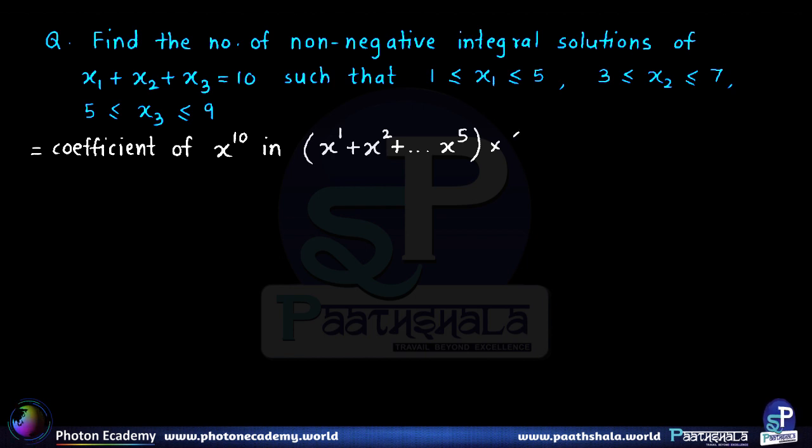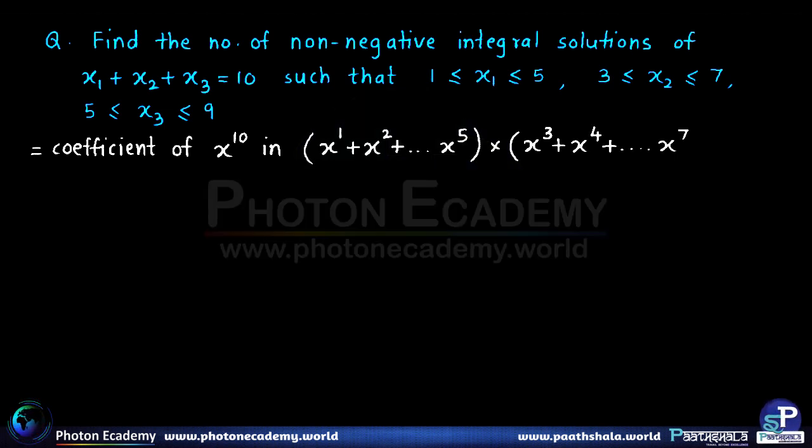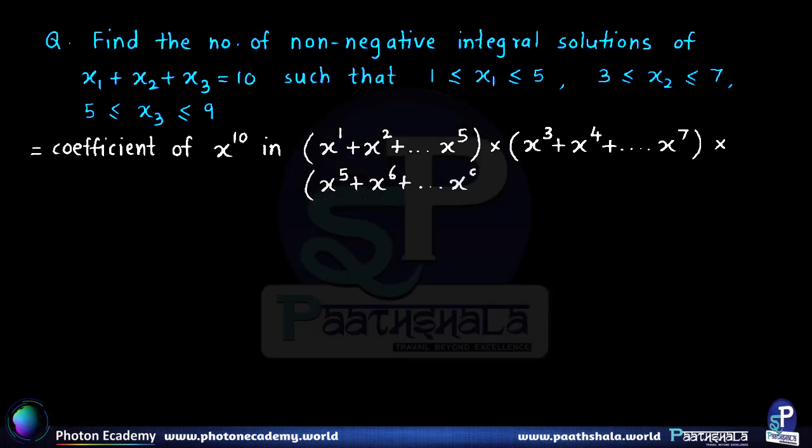Then multiplied by, for x2, where the powers range from 3 to 7, we write x cube plus x raised to 4 plus so on up to x raised to 7, and multiplied by the final bracket for x3, for which the powers range from 5 to 9. So we have x raised to 5 plus x raised to 6 plus so on up to x raised to 9.